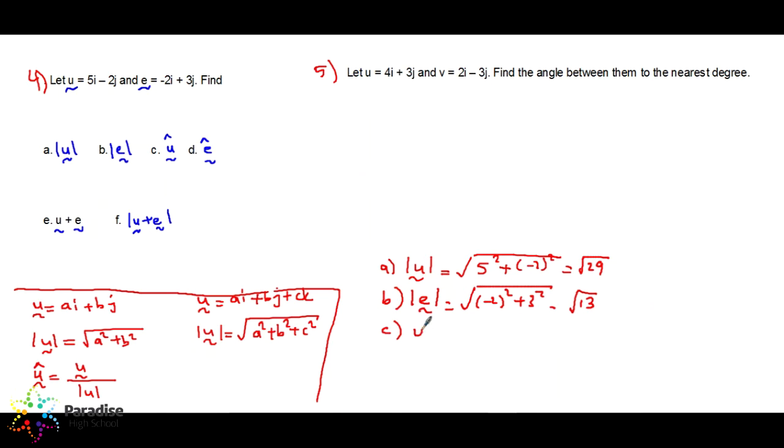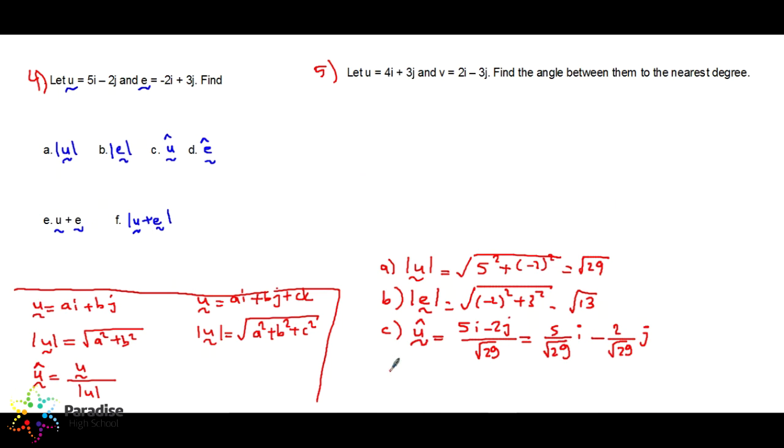Number C. What is the unit vector of U? So the formula says here, vector U itself. So that's going to be 5i minus 2j divided by the magnitude of U. Magnitude of U, we found root 29. But we don't leave it as it is. We write it separately. 5 over root 29 i minus 2 over root 29 j.